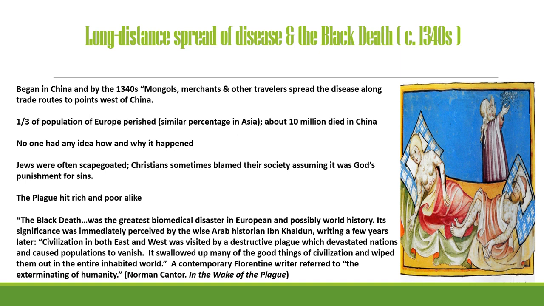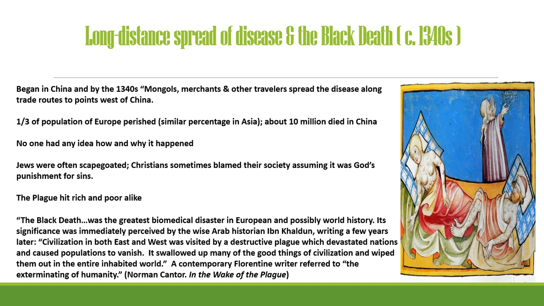Its significance was immediately perceived by the wise Arab historian Ibn Khaldun, writing a few years later. Khaldun says, so Cantor is now quoting a famous person from the time period, or just after: Civilization in both East and West was visited by a destructive plague which devastated nations and caused populations to vanish.